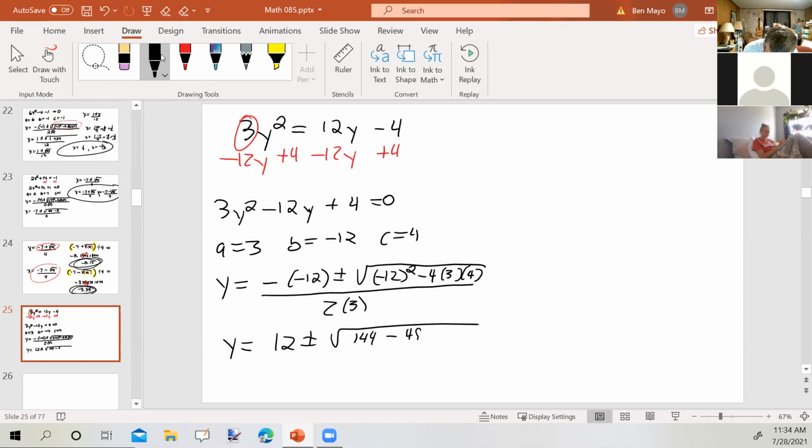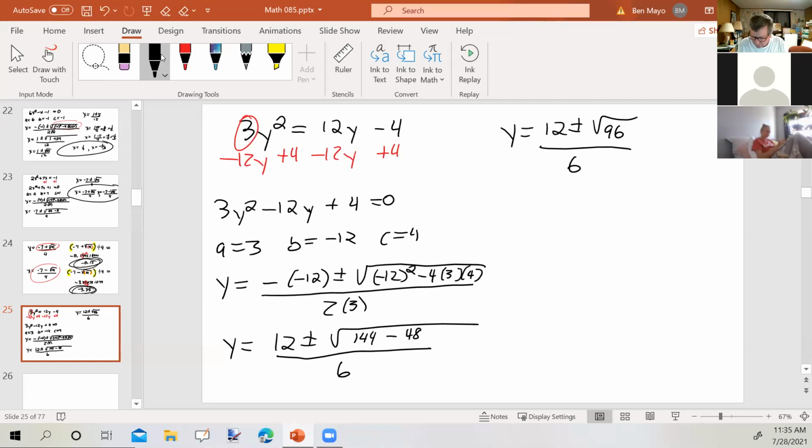So minus 48 all over 2 times 3, which is 6. Okay. y equals 12 plus or minus the square root of, let's see, 144 minus 48 would be 96, all over 6. We okay with that? So far, so good.